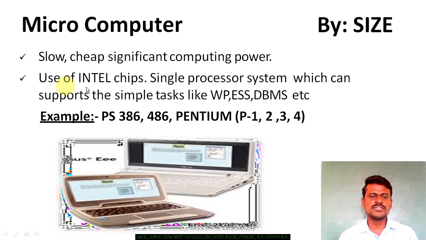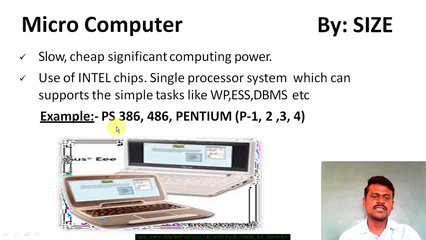Next, it uses Intel chips. Intel chips means, as we have seen, ICs in the third generation and VLSI in the fourth generation. Those VLSI chips are called Intel chips, and we call it a single processor system, which can support a single task like WordPress, database management system, etc. These are some of the tasks that can be performed on microcomputers.